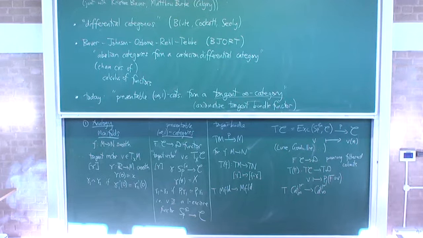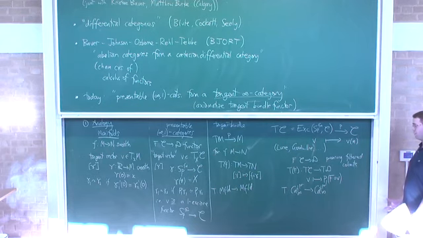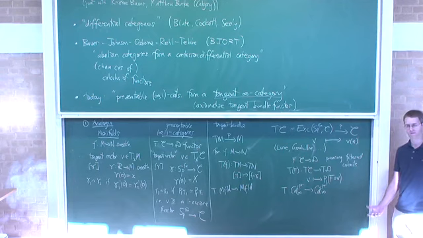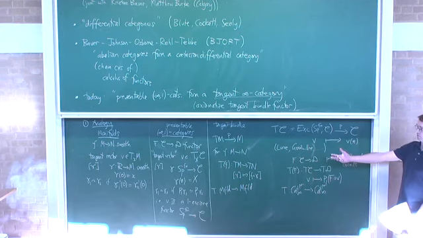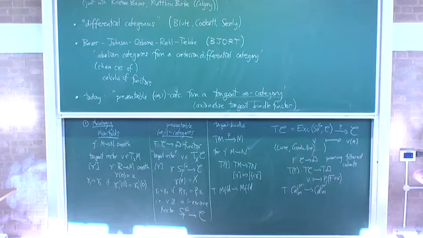Okay, so we have this tangent bundle functor, and so now a tangent category is essentially going to consist of a tangent functor like this, together with some additional structure and a lot of axioms that need to be satisfied.